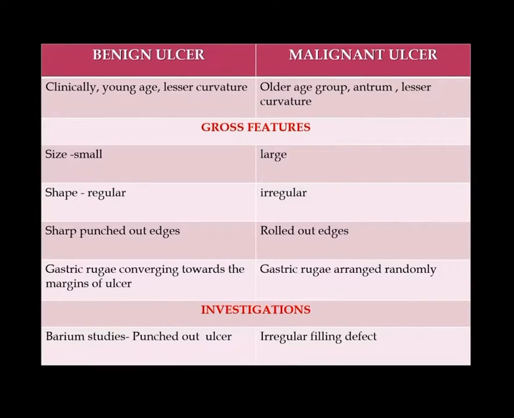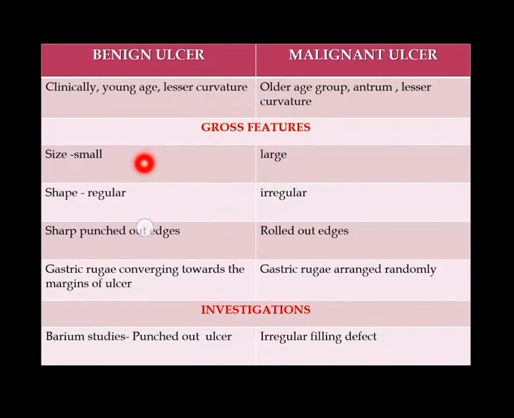Important viva question is, how do you differentiate between an ulcer which is from a benign cause like peptic ulcer and if it is because of gastric carcinoma, that is malignant ulcer. So clinically there can be many differences, like the peptic ulcer will occur at a younger age group and it will be seen in the lesser curvature. The malignant ulcer will be seen in an older age group and commonly seen in the antrum, also the lesser curvature, but we are concerned with the gross features.